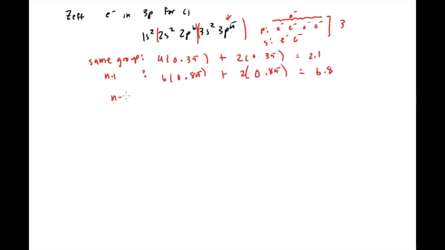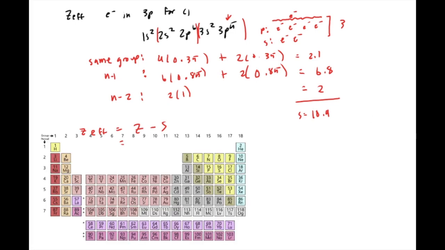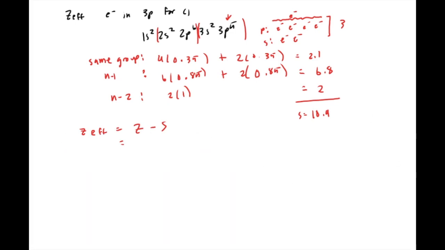And lastly, we have n-2, which has a contribution of 1, and we have 2 electrons in the 1s orbital, and so this will give us 2. If we add all of our numbers together, we get a total shielding constant of 10.9, and now we can use the equation Z effective is equal to Z minus S, and so we know that the atomic number for chlorine is 17.